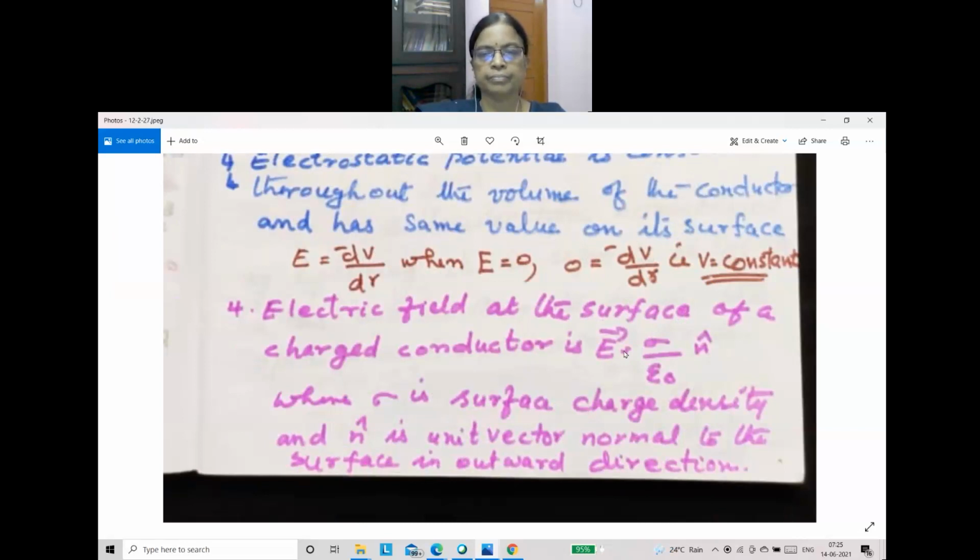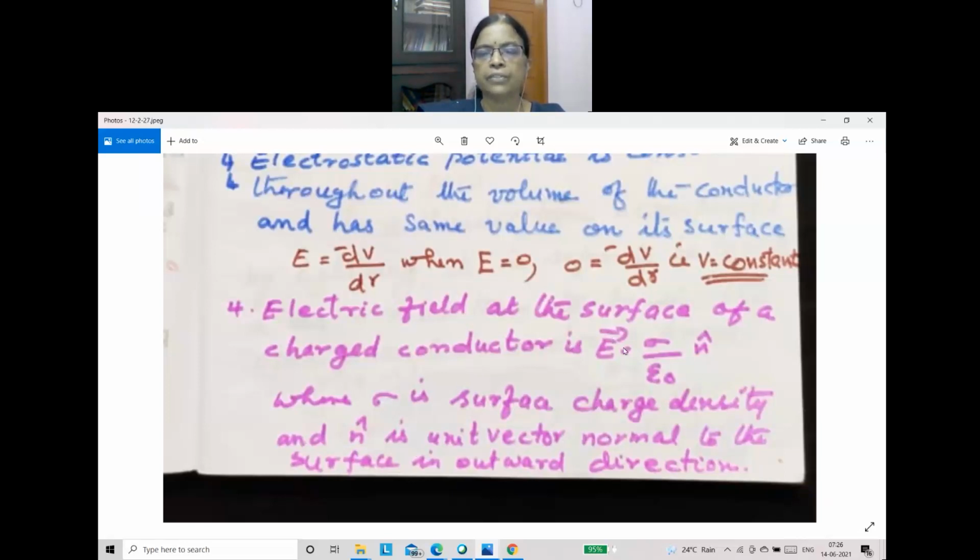Then next, electric field at the surface of a charged conductor is vector E equal to sigma by epsilon 0 into n cap, where sigma is the surface charge density and n cap is the unit vector normal to the surface in outward direction.